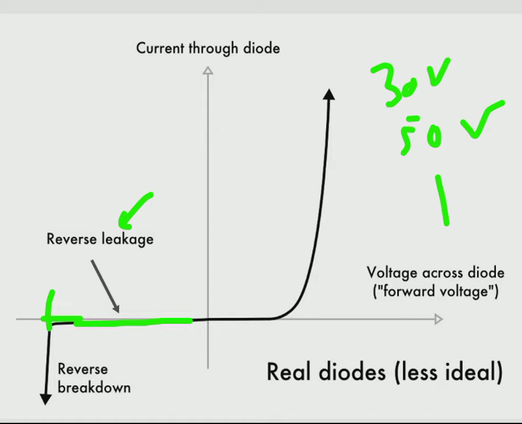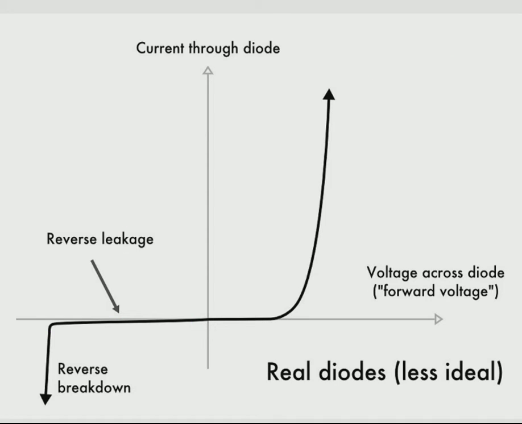Once you exceed that voltage, when the diode is reverse biased, there is a point called the breakdown point, and a sudden heavy current starts flowing through that diode. It is called the reverse breakdown voltage, and the current is called the reverse current, and the phenomenon is called avalanche breakdown.